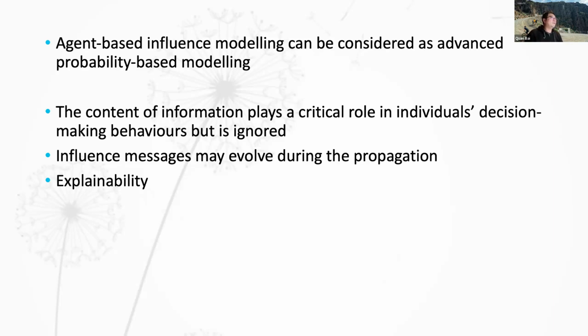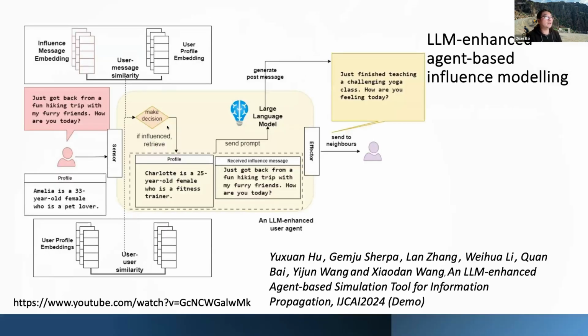So based on this motivation, we propose another simulation tool, called LLM, large language model enhanced agent-based influence modeling. The architecture is like this. It's very similar to the agent-based model we proposed, but the only difference is the message. After each agent receives a message, it is sent to a large language model engine to see what it would think based on this.